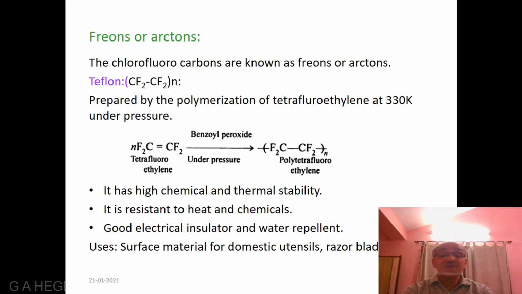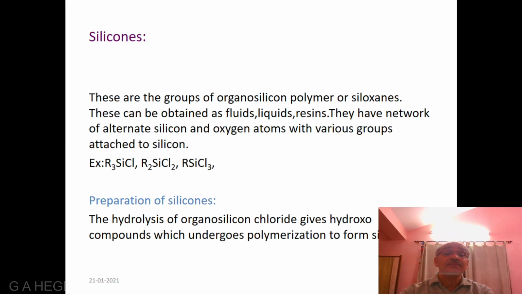It has high chemical and thermal stability. It is resistant to heat and chemicals, a good electrical insulator and water repellent. Uses: surface material for domestic utensils, razor blades, etc. The next one is silicones.